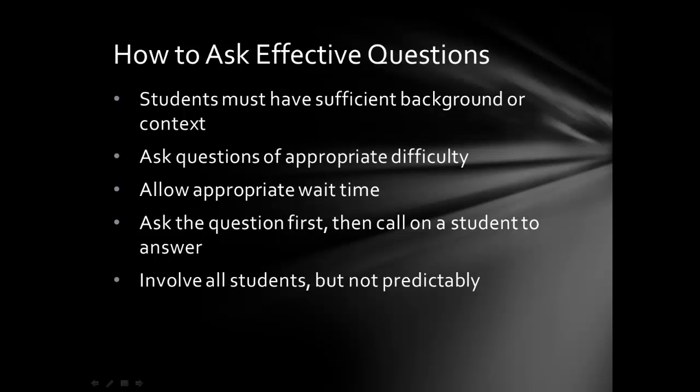You don't want to set up a situation where some students know you're not going to call on them, like you're just going down your roll or going down a row of seats. Call on students randomly. Make sure you call on them all at some point. The idea is to involve all your students, have them all thinking about your questions, because you just might call on them.